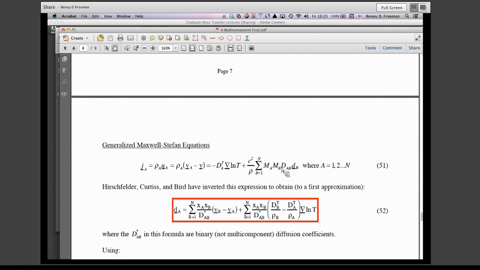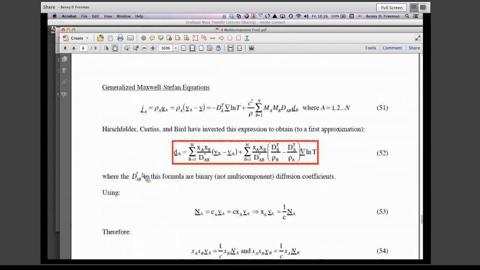But basically, you can imagine writing out this sum for all of the n components in a mixture, and then writing one such equation for each of the n components in a mixture, and you would have basically a matrix of equations relating the fluxes to the generalized driving forces. And you can invert that matrix to get a relationship between the driving forces and the flux.